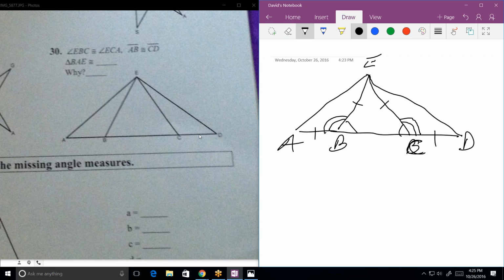Angle ECD has to be the same as EBA, and now you have side angle side. So BAE is going to be congruent to CDE based on side angle side. Okay.